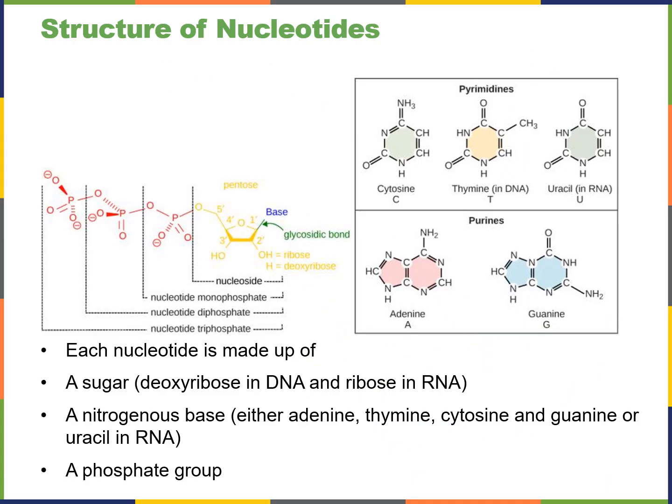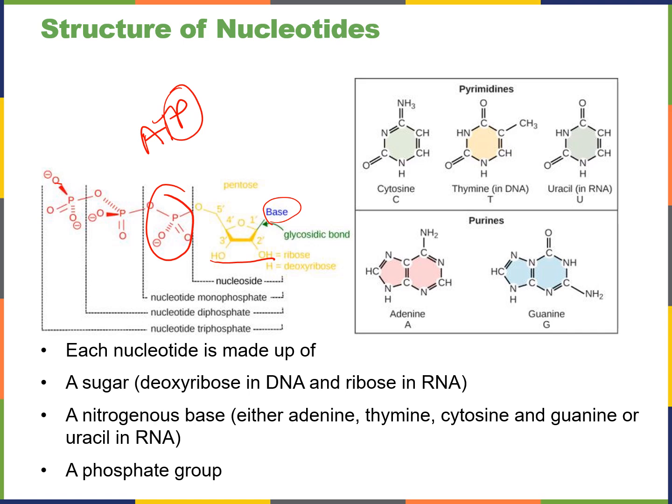Now, again, each nucleotide, I think I've said this a couple times, is composed of a base, a sugar, and a phosphate. The phosphate is made from ATP, so one of those phosphates is from ATP. So there are 4 different bases in DNA, and usually they're just referred to by the letter.